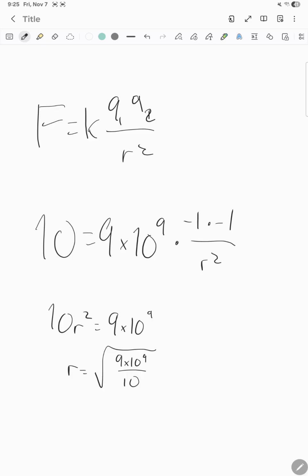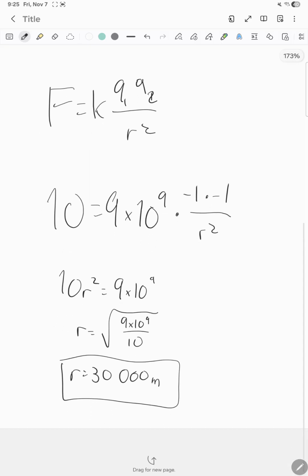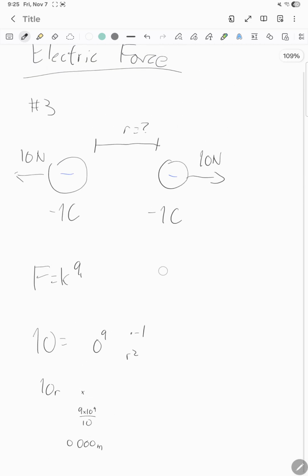So we'll have 10 to the 9 times 9 divided by 10, and then the square root of that. And so r will be 30,000 meters. And so that's it for number 3.